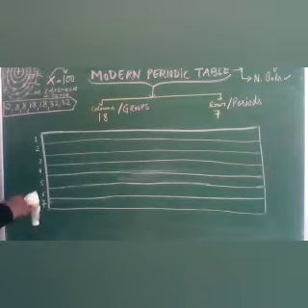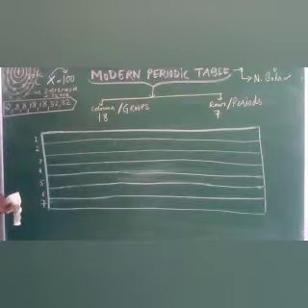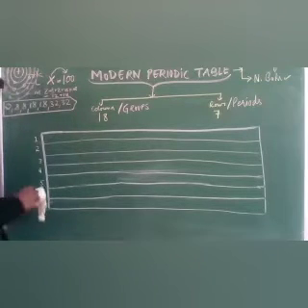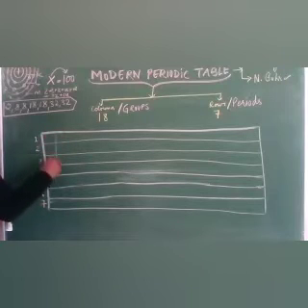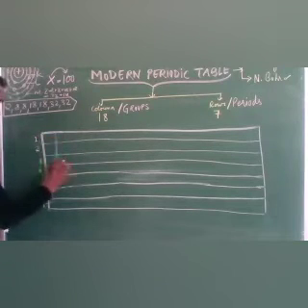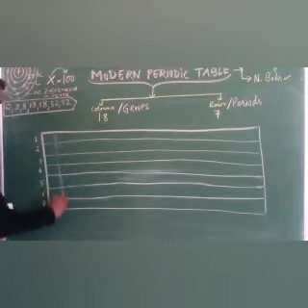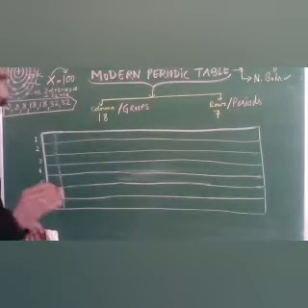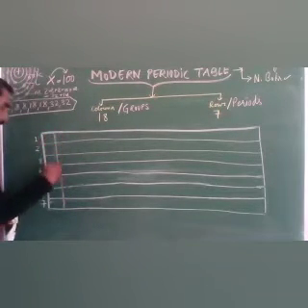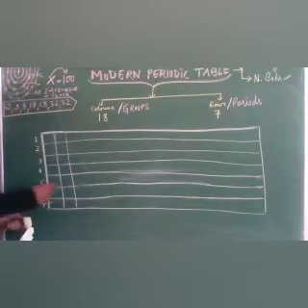Then how many columns? 18 columns. Now how to draw 18 columns, dear student? First you draw 2 columns in the front.